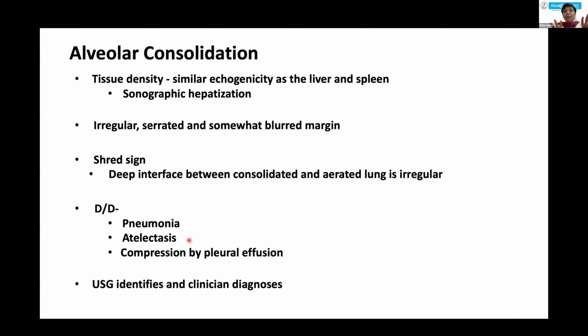Even if you have an air bronchogram present, it becomes difficult to say whether it is because of pneumonia or because of a collapsed lung. Only if there is a dynamic air bronchogram is it suggestive of pneumonia. If it is a static air bronchogram, it could be pneumonia or it could be collapse.